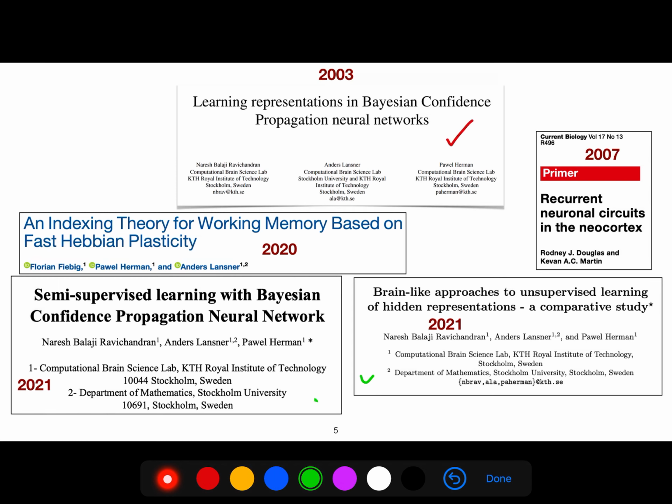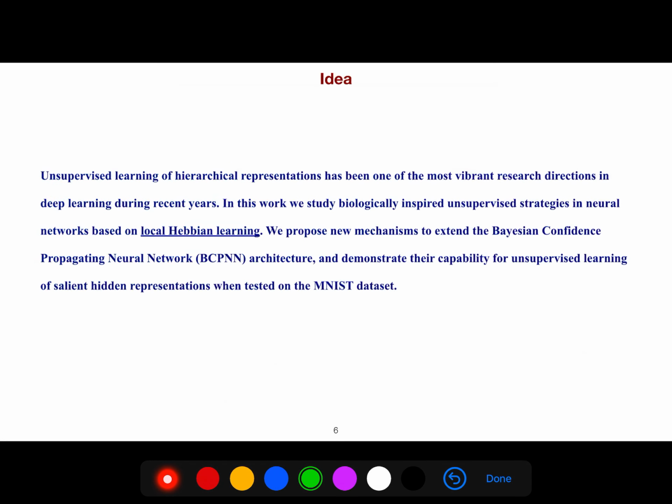And these are positive samples. They're very related to this article as well. So the idea is that unsupervised learning of hierarchical representations has been one of the most vibrant research directions in deep learning during recent years. In this work, we studied biologically inspired unsupervised strategies in neural networks based on local Hebbian learning. We propose new mechanisms to extend the Bayesian confidence propagating neural network architecture.